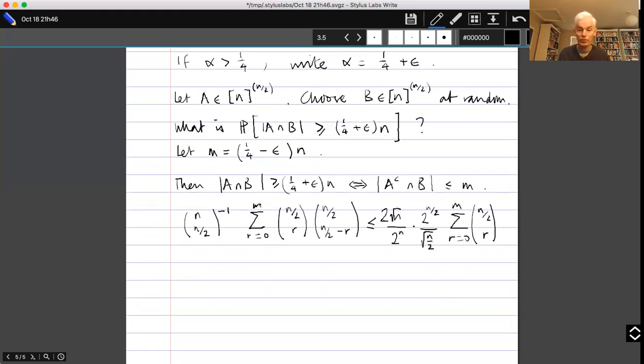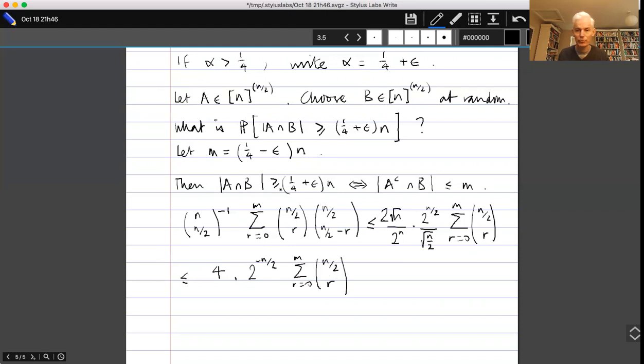Now the first part of that all simplifies, and so I'll get that 2 as a root 2, so I can put a 4, let's say, and then 2 to the n over 2 and 2 to the n becomes 2 to the minus n over 2, and I'll stick with this thing here, sum r equals 0 to m of n over 2 choose r.